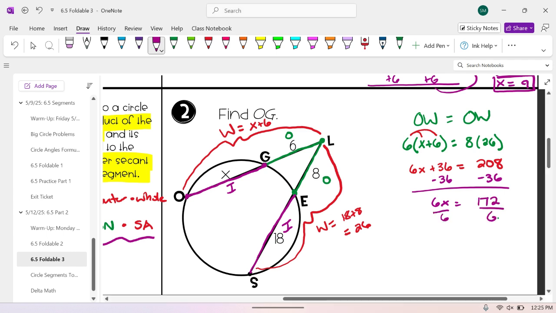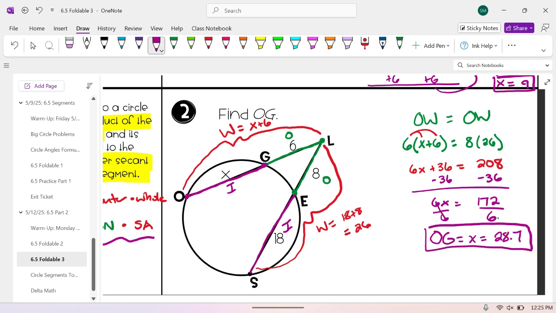Divide both sides by 6. And this will not be a nice number, but for time's sake, I'm just going to tell you. So OG, which is equal to x, is approximately 28.7. So 172 divided by 6 gives you 28.7, approximately. It's like 28.666667, something like that.